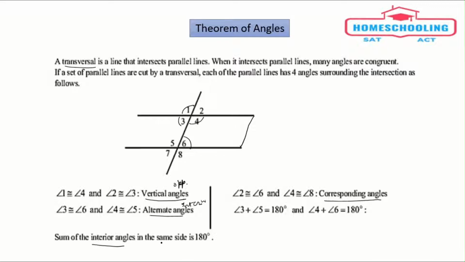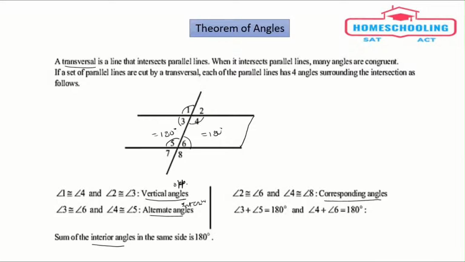So interior angles, angle 4 and angle 6, would sum to 180 degree. Similarly, these two interior angles, angle 3 and angle 5, the sum would also be supplementary, that is 180 degree. So these are the concepts that we have to read for this video.